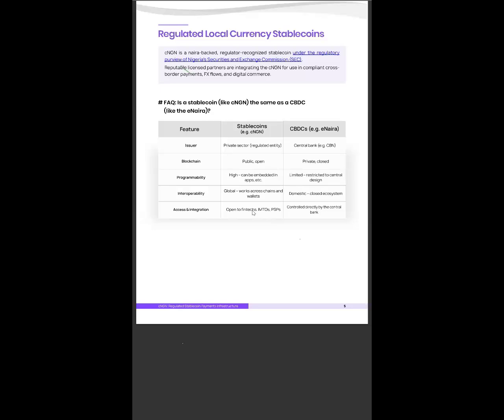And what that does in practice is, one, it makes transactions much faster. It makes transaction failure much, much lower, basically zero. I was explaining earlier that you can check our website. There've been more than 100,000 transactions on cNGN, and there has been zero failed transaction.